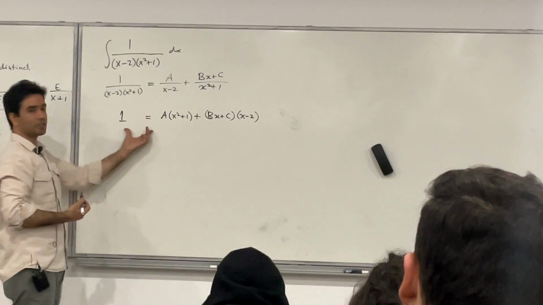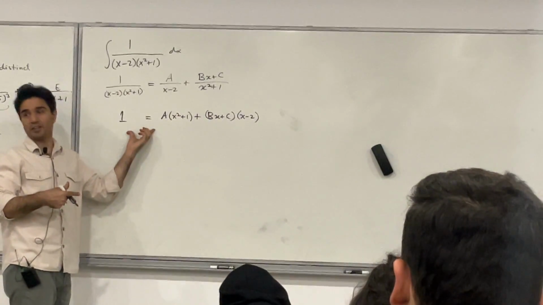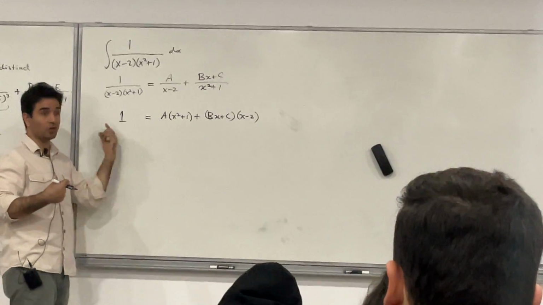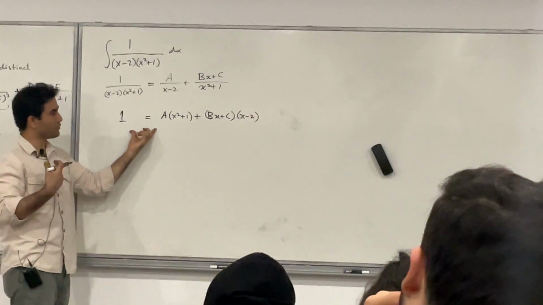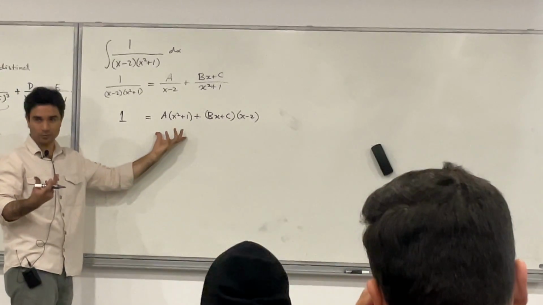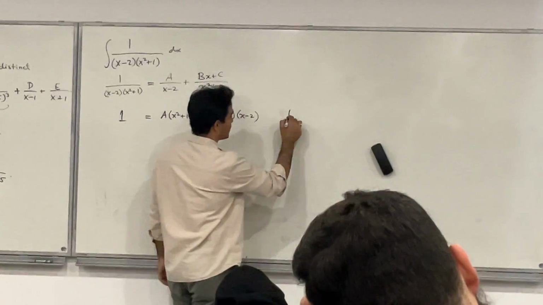And notice, this is not an equation you solve for x. We're saying this is true for every x. X equals 1, 2, 3, minus 1, minus 5, 10. This is true for all x. So this is something that will help you figure out what a, b, and c are, not what x is. It's not something you solve for x. It's true for all x. So this is for every x.